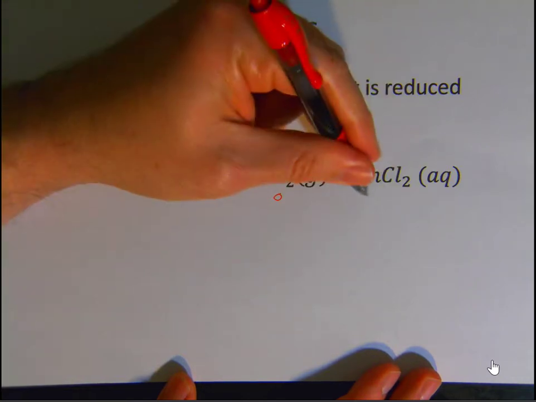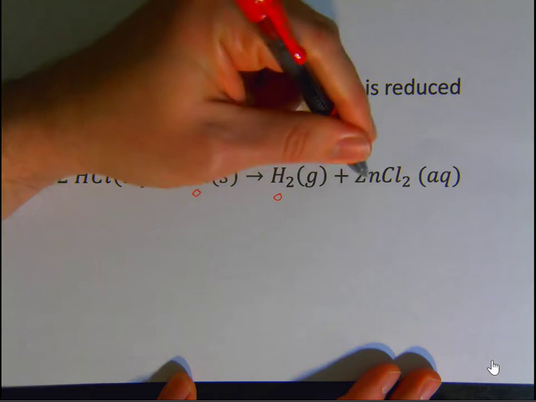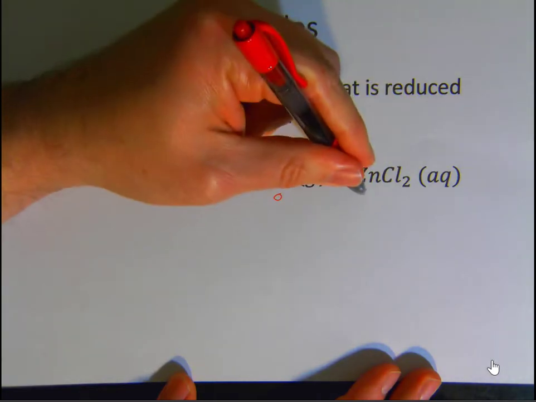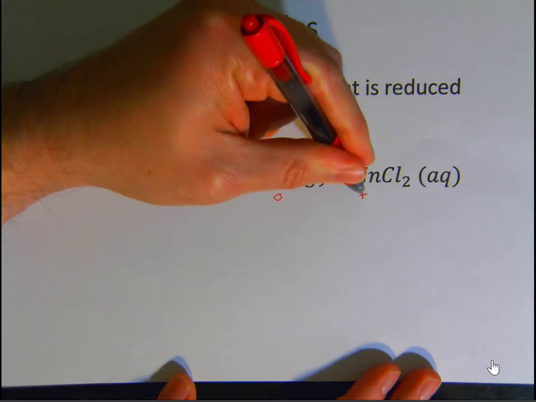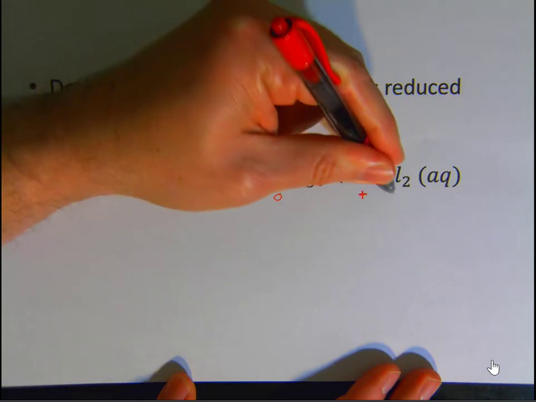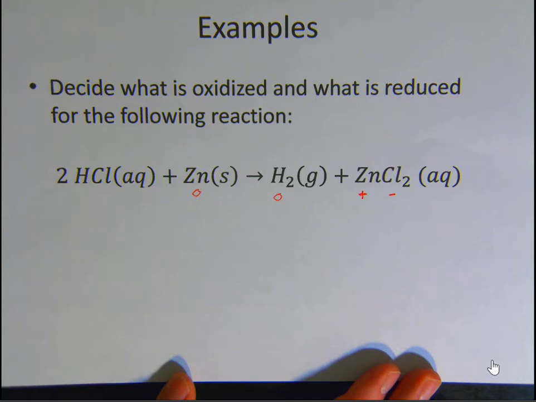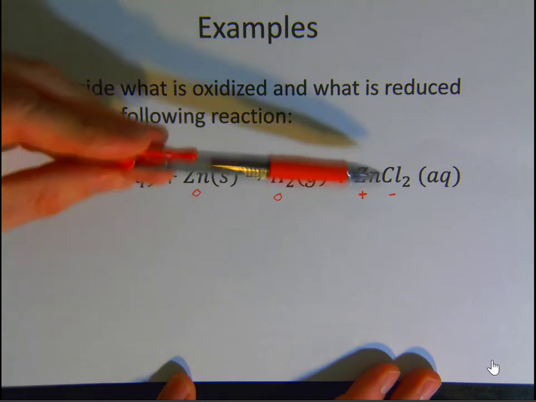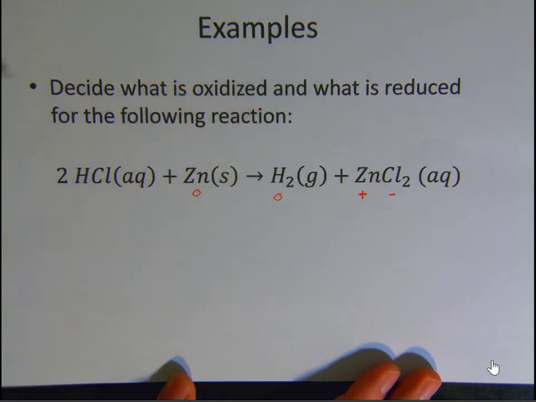We don't necessarily know exactly what the charge is, but we would expect this to have a positive charge and this to have a negative charge. We don't have to know how much for what we're doing today. We can generally say, okay, the metal has less electrons and the nonmetal has more electrons.